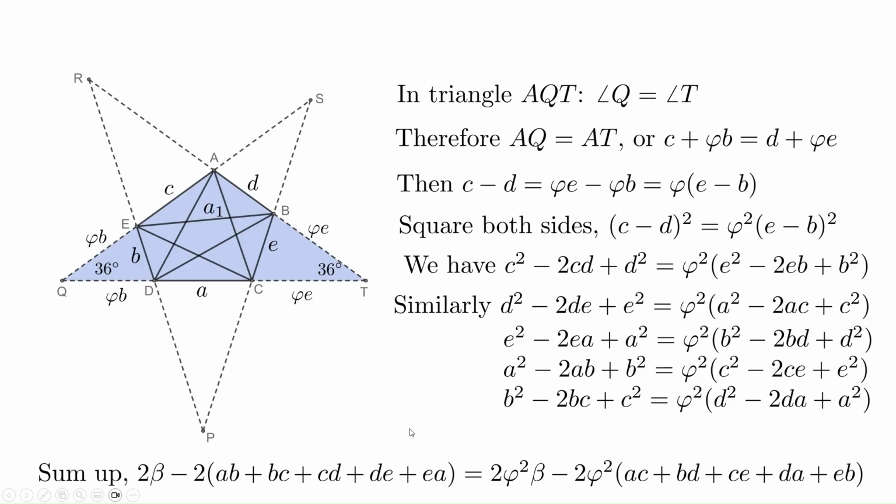On the left-hand side, we have 2 times the sum of squares of the sides, which is 2 times 308, or beta, minus 2 times the sum of the products of the neighboring sides. The right-hand side is similar, but everything is multiplied by phi squared. And we also have AC plus BD plus CE plus DA plus EB. This is the last piece we need to find.